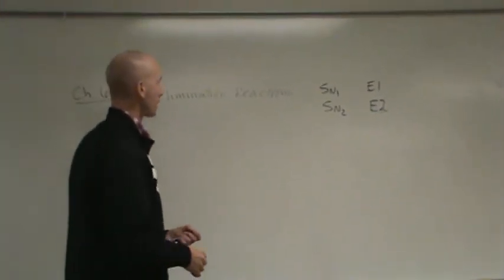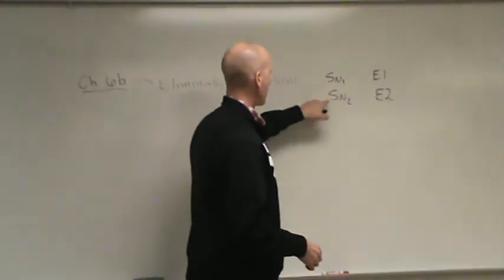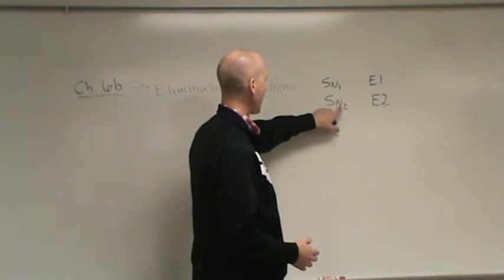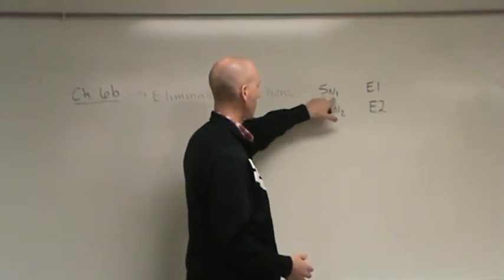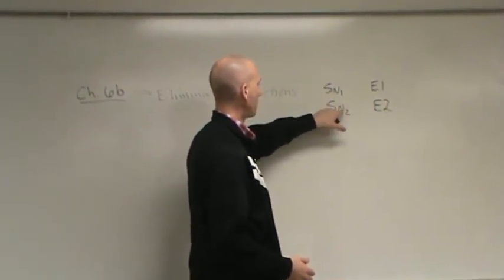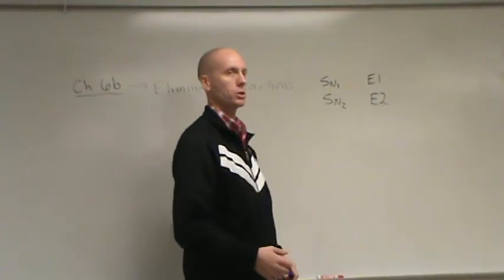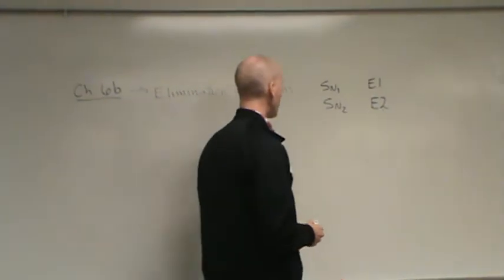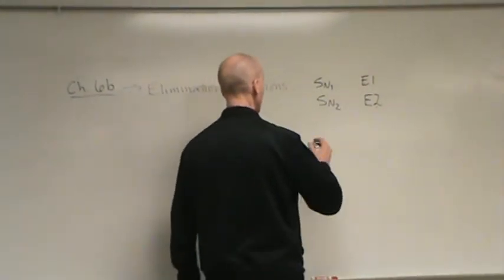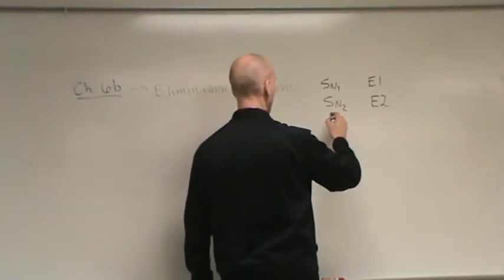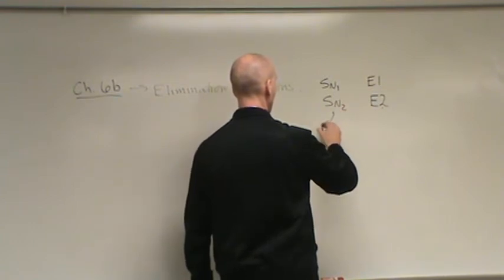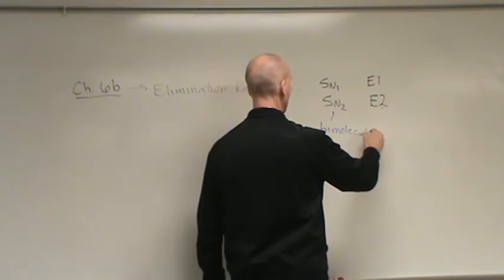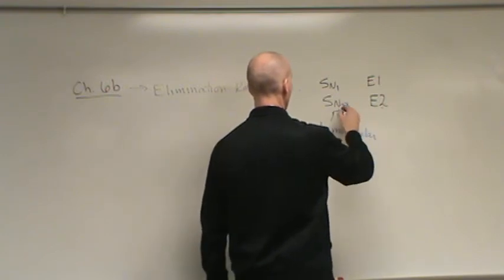We didn't really talk about the symbols, but as you might know, S stands for substitution. The N, what do you think that stands for? Nucleophile. But we really didn't talk about these numbers. Let's talk about those numbers a little bit. If I have SN2, that's what's called a bimolecular reaction.